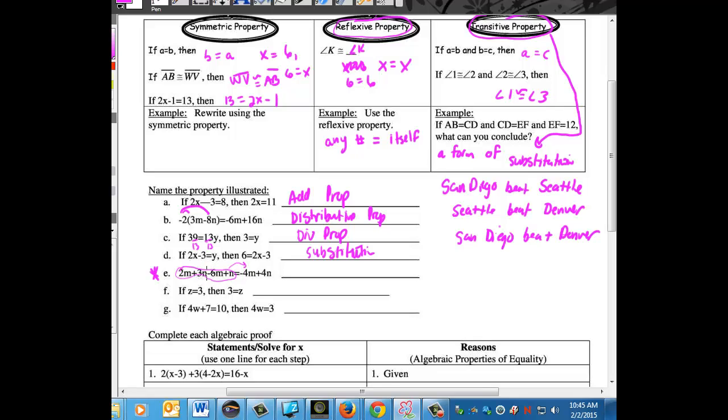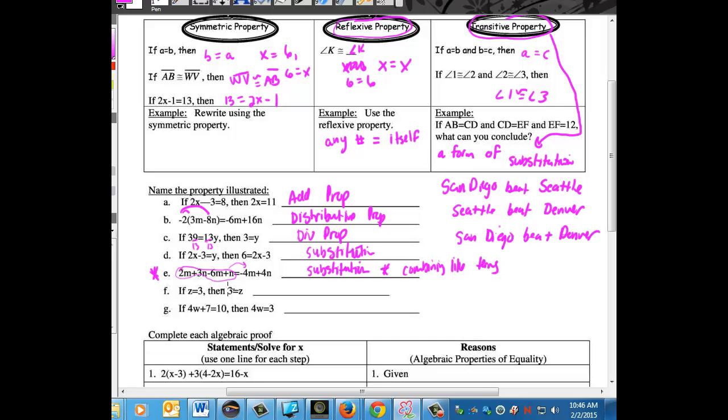However, when we combine like terms in geometry, that's now called substitution. So I have the star here because I think this would be one that some students might miss, because it's really just combining like terms, but that is now called substitution.